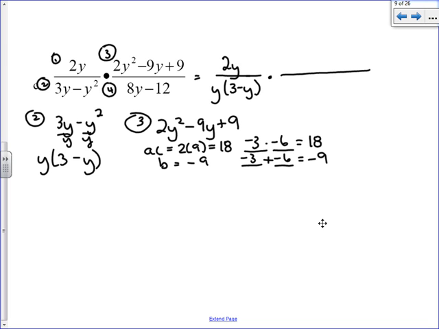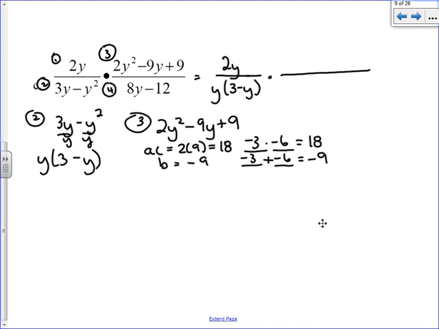Shelby, what am I going to do with that pair of numbers? So can I use the shortcut here? When can we use the shortcut? When A is 1. So I don't have A as 1, so I can't jump quite to my factors. Do you remember the other step?